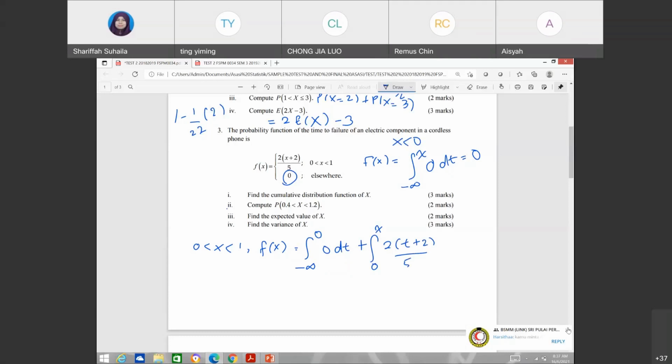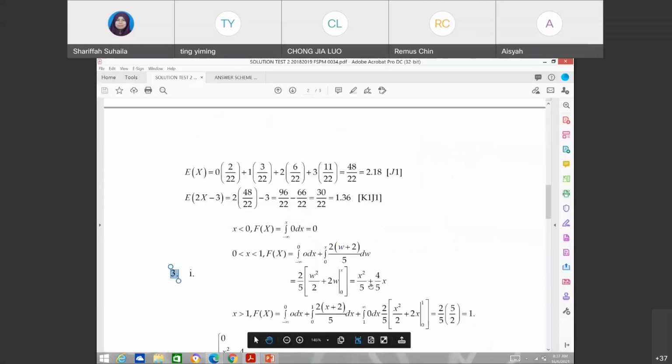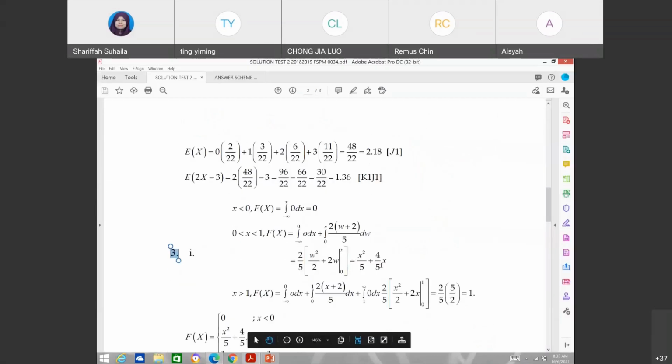So you solve this one and then you substitute. Dapatlah dia punya function dia. Kita tengok jawapan dia apa dah. F(x), you should get x square over 5 plus 4 over 5 x. Either one lah, kamu nak letak variable apa pun, boleh p ke w ke. Tunjukkan dia punya cara dia, kaedah dia macam mana kamu selesaikan, until you get the last answer.